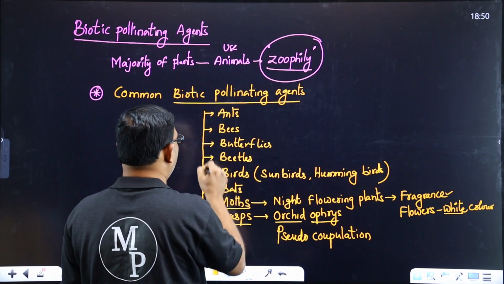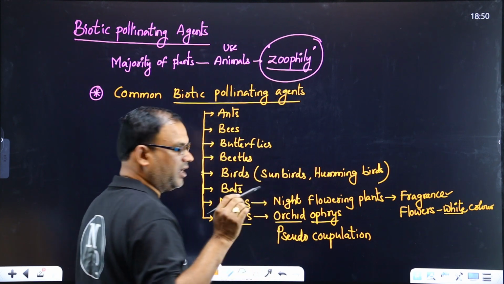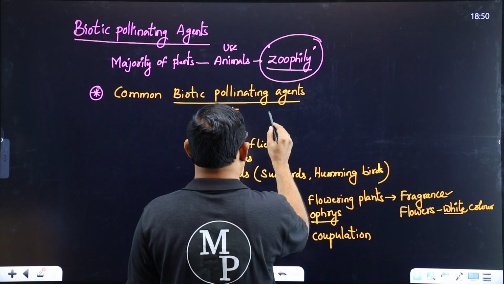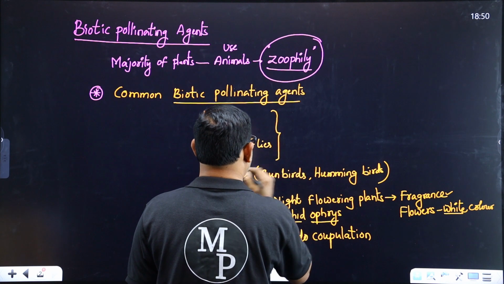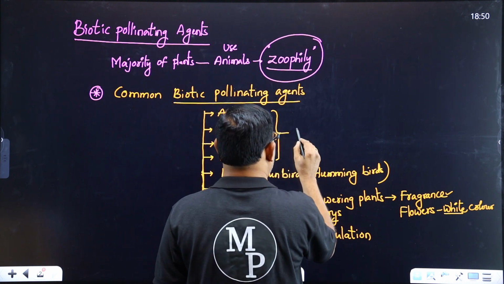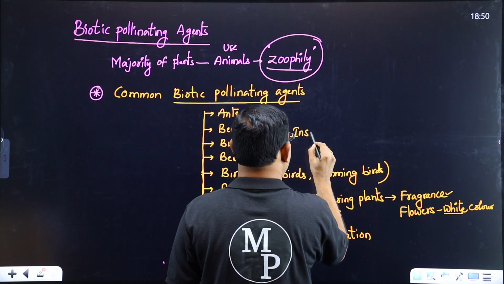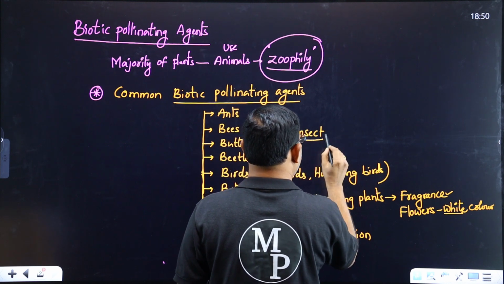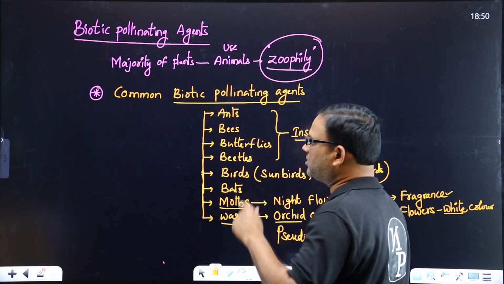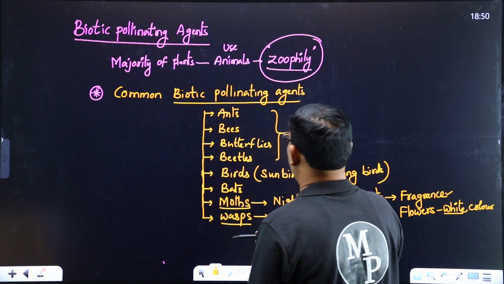These are the common pollinating agents. In that, all these are ants, bees, butterflies, beetles. All these are the insect group. So insects are the main common biotic pollinating agents.